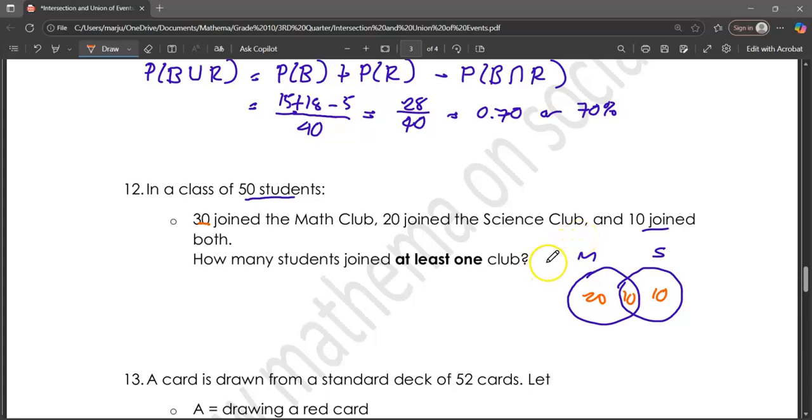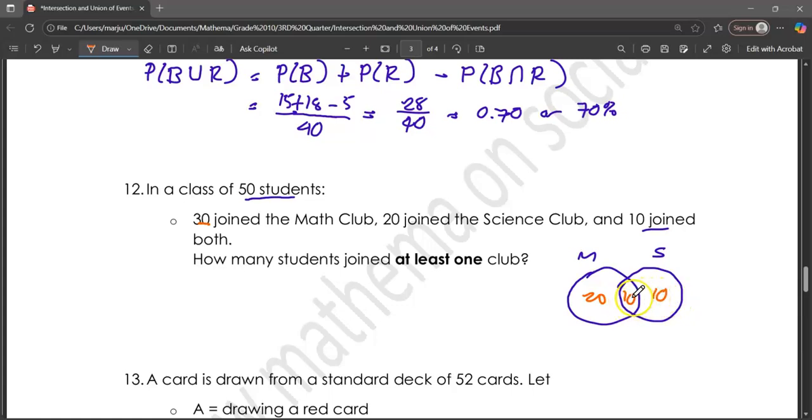At least one club. So the students here joined a club. That's one. So it is pasok sa ating criteria, at least one. So there are 20. How about this one? At least one pa rin. So that's 10.